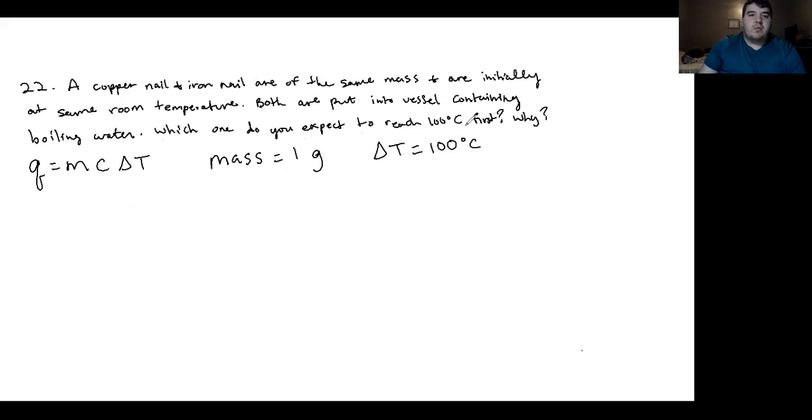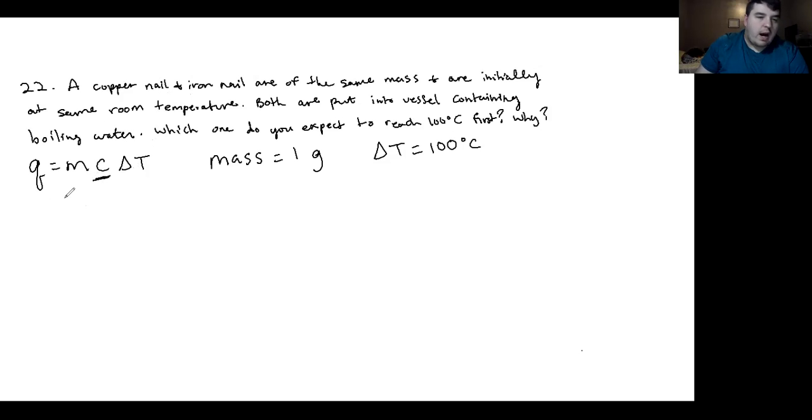So how do I determine which of these is going to heat up faster? Well, this comes down to the c value, the specific heat. You can refer to tables or look online to determine which of these two elements has a higher specific heat. So I took a look.